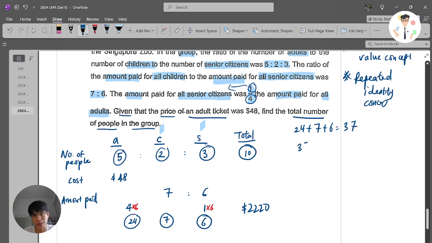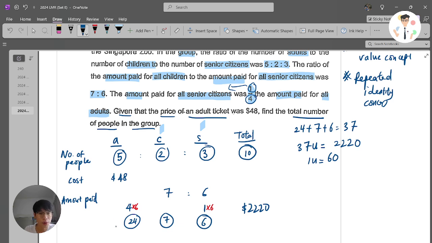And this 37 units is actually equal to what? 2220. Which means that 1 unit, press on your calculator 2220 divided by 37, you should get 60. Means that 1 unit here is actually equal to 60.